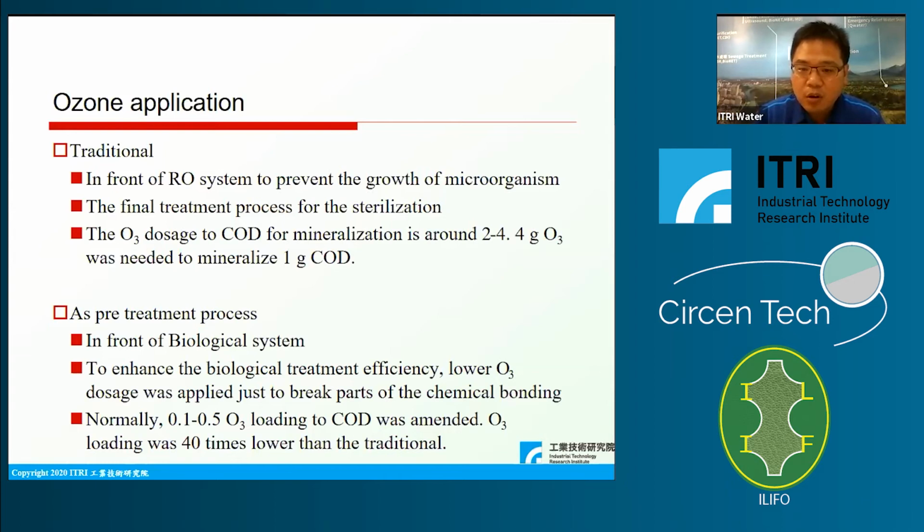A lower ozone dosage is applied just to break part of the chemical bonds. From experiments, normally around 0.5 ozone loading to COD was applied, which means that the ozone loading was 40 times lower than the traditional one when we combine the ozone system with the biological system, compared to simple ozonation.